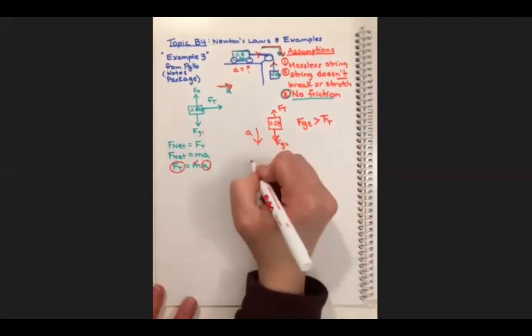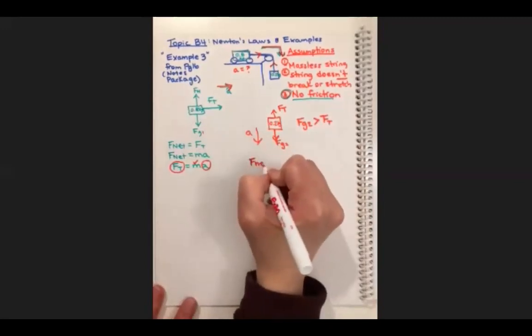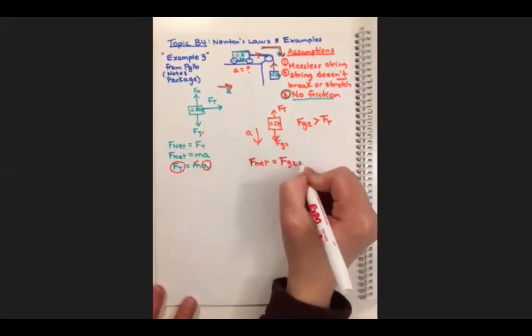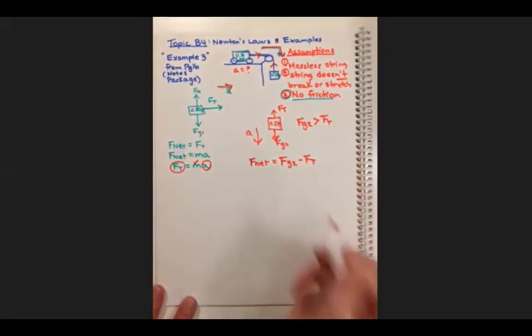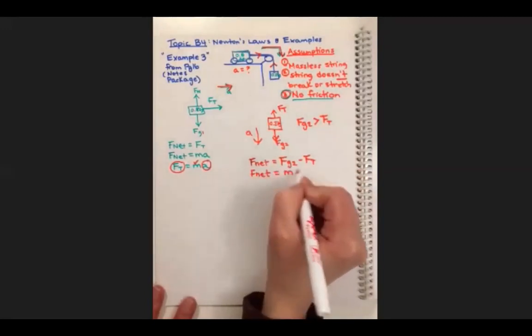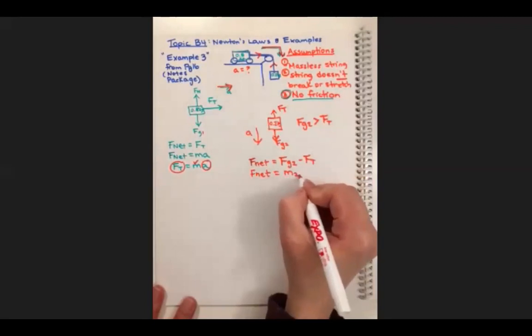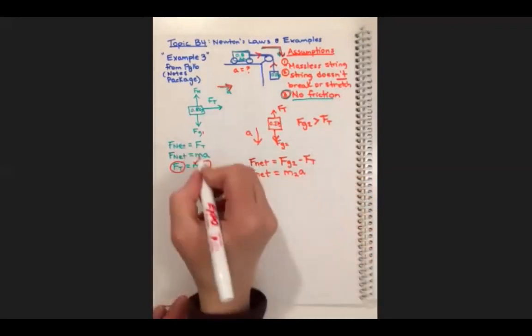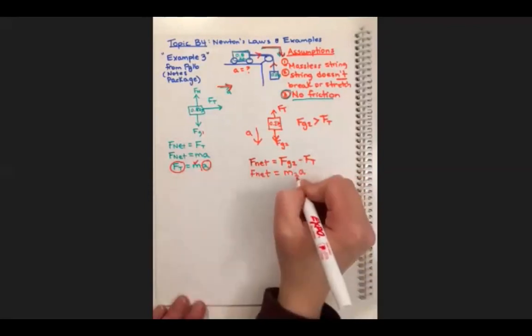Like we did with the first free body diagram, we're going to write the Fnet statement based on this free body diagram, which is Fg2 minus Ft. Apply Newton's second law, Fnet equals ma, but we are going to have to write m2a to differentiate that it's different than our first mass. This was mass 1, and this is mass 2.